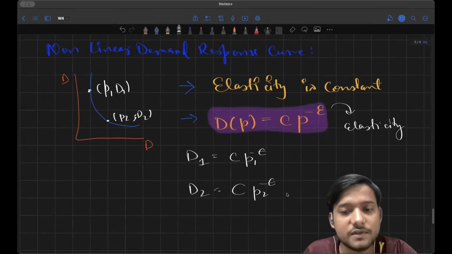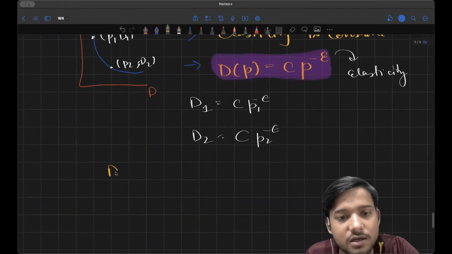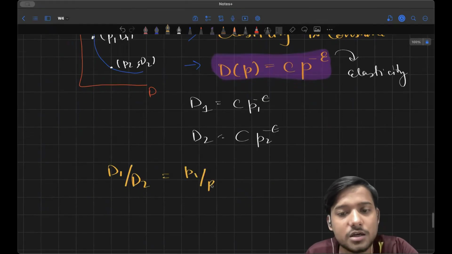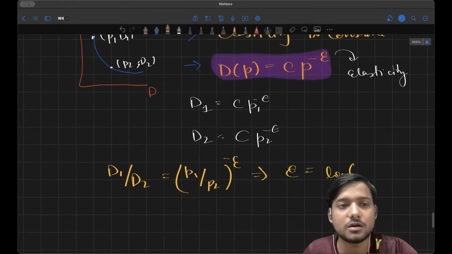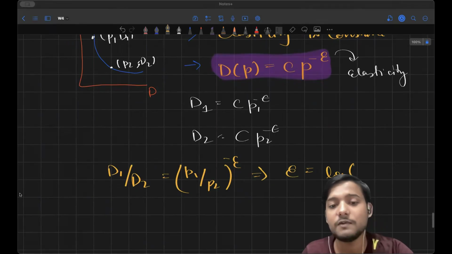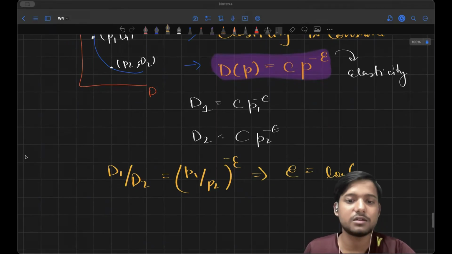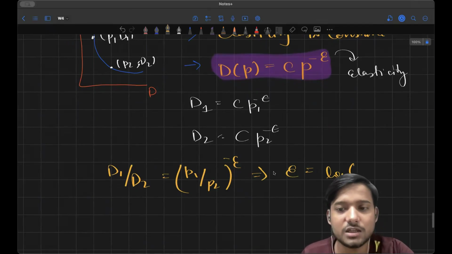And now when I have this relationship, it's very easy to divide those two things. I end up having D1 by D2 is equal to P1 by P2 whole to the power negative epsilon. And when we take the logs, we can have opposite signs.